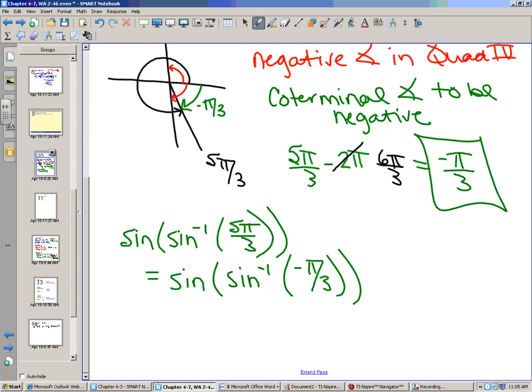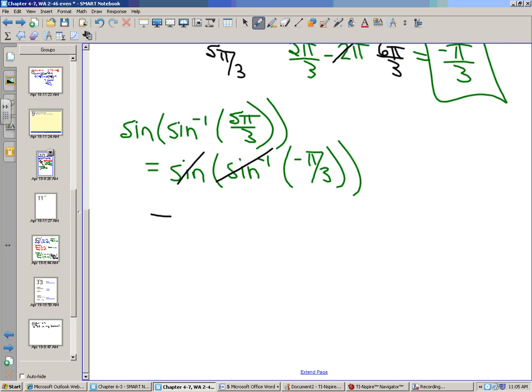And coterminal angles have exactly the same sine, cosine, and tangent values, correct? Okay? And negative pi over 3 lies within my range of my arc sine function. So therefore, now that I know that lies within my range, my answer is negative pi over 3 rather than 5 pi over 3. Do we get that, yes or no?